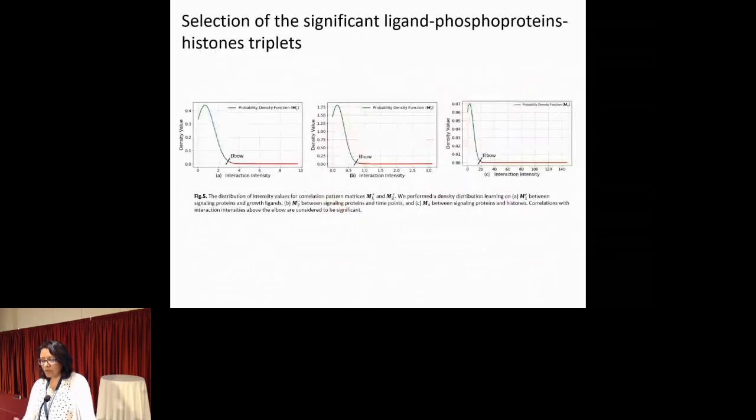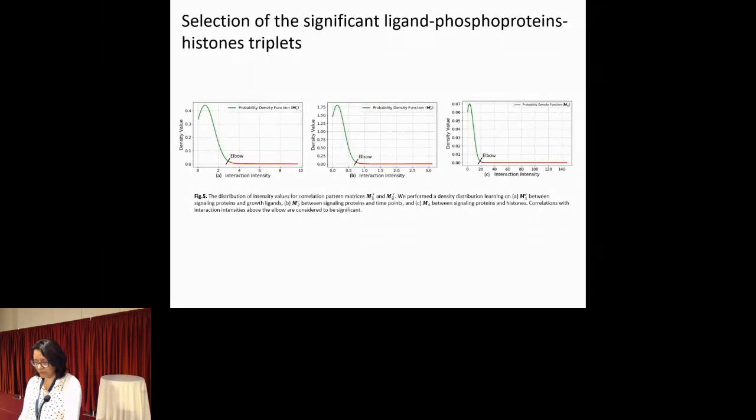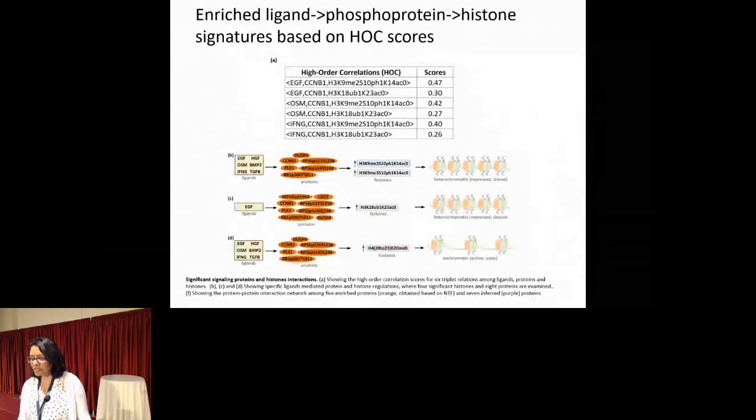We went on to select significant ligand, phosphoprotein, and histone triplets. We calculated all the HOC scores for all 274 phosphoproteins as well as the 68 histones. Sorry, I'm going over. Then we used this elbow-specific algorithm to point out the handful that we felt were significant.